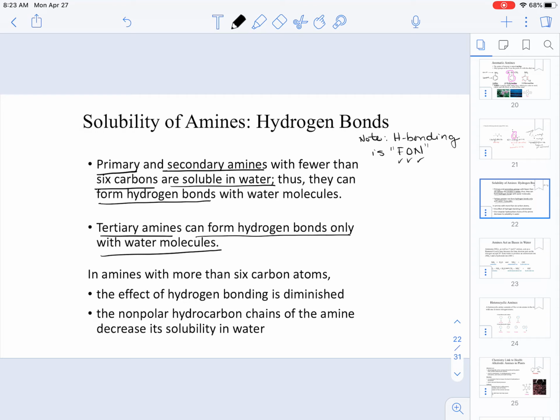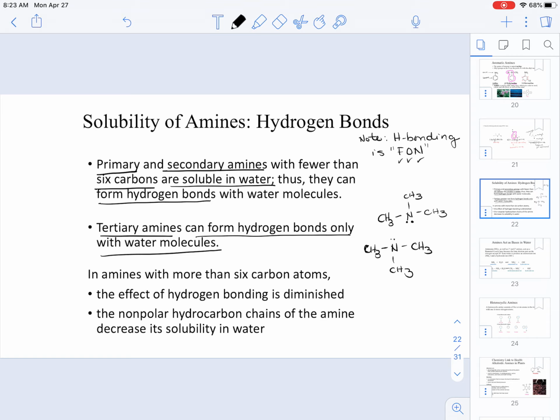Because if we look at the structure of tertiary amines, and I'm just going to draw the structure of trimethylamine. So we have CH3 bonded to nitrogen, CH3, CH3.